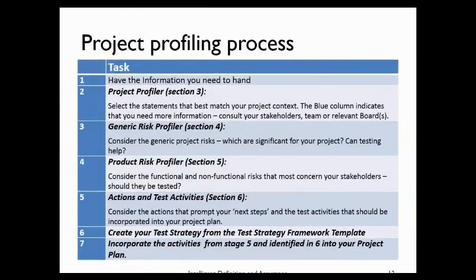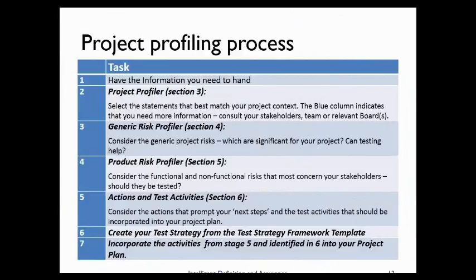The project profiling process had, what does it say here, I guess six stages. The first one was to have the information you need to hand. It was basically a questionnaire, so the profiler asked you questions relating to the nature of the project itself. Beyond that, the generic risk profiler identified some generic risks, and you had to make choices on the scale or criticality of those. Set definitions were presented, and you made your choice, usually from four alternatives.